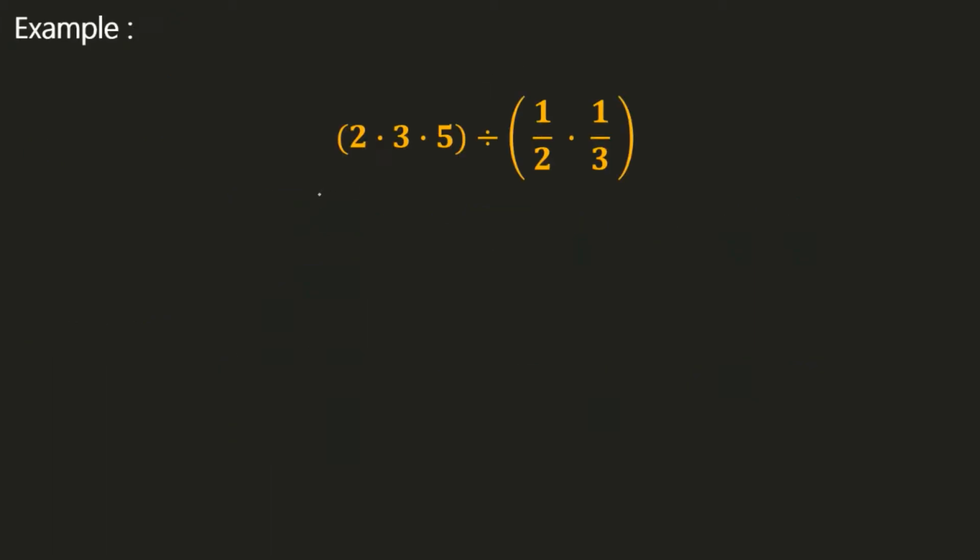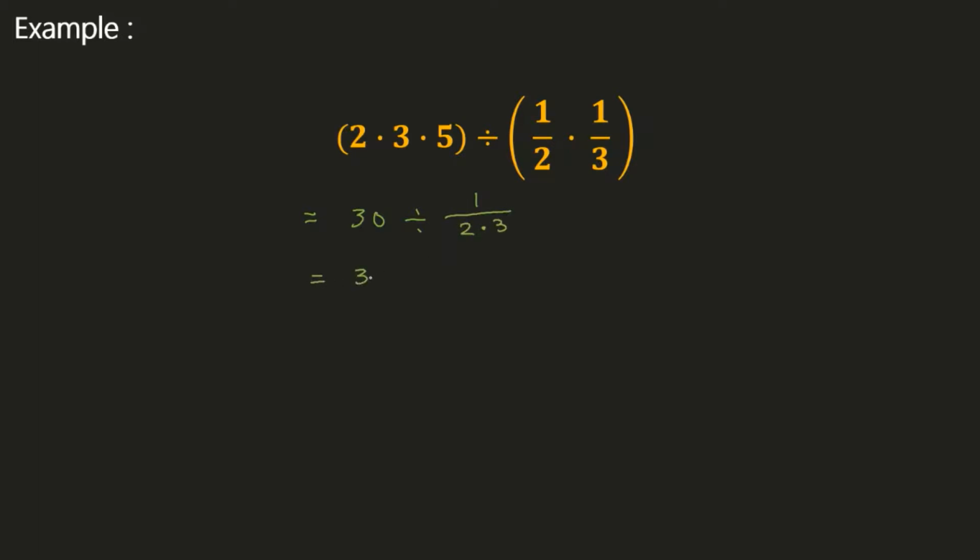So let's take a look at our first example of how we can use reciprocal to turn a division problem into a multiplication problem. So we have (2 times 3 times 5) divided by (1/2 times 1/3). So let's evaluate the parentheses first. 2 times 3 times 5 is 6 times 5, which is 30. Divided by 1/2 times 1/3 is 1 over 2 times 3.